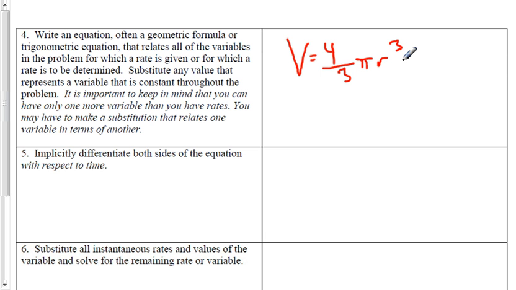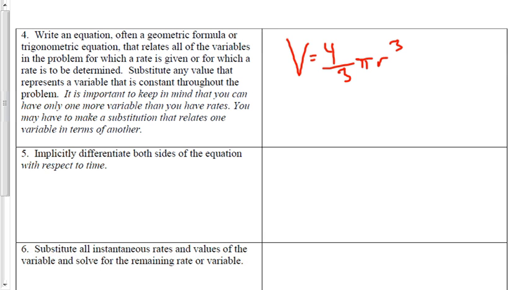Again, substitute any value that represents a variable that is constant throughout the problem. It's important to keep in mind that you can have only one more variable than you have rates. You may have to make a substitution that relates one variable in terms of another, and that's not going to be the case this time, but we'll keep that in mind when we go forward.